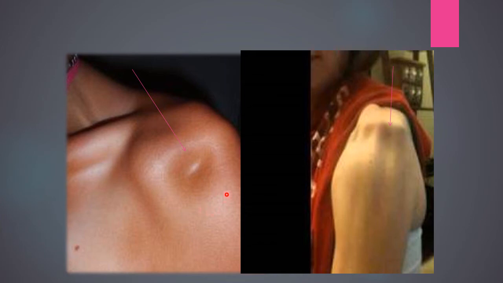And you'll notice here, this is a bulge in the skin that represents the position of the head of the humerus. On the right here, we have an examinee that shows at least 2 centimeters of inferior translation of the head of the humerus underneath the acromion process. So this is indicative of inferior laxity with the shoulder even at rest and without applying traction.